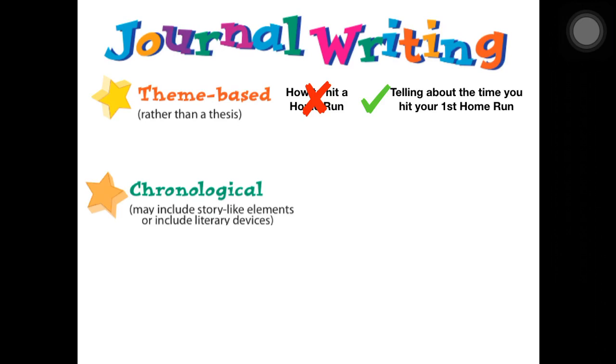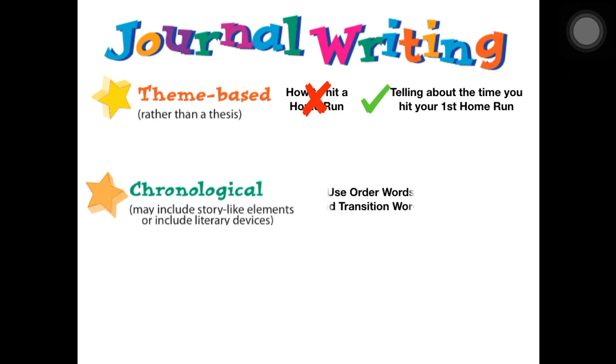The next thing that we need to address with journal writing is that it needs to be chronological. It may include story-like elements. It may sound kind of like a piece of literature or a story, but it does need to have a chronological or a first this, then that kind of approach.